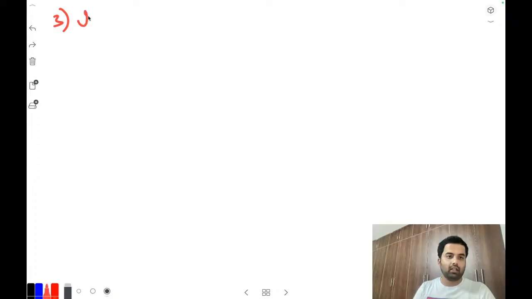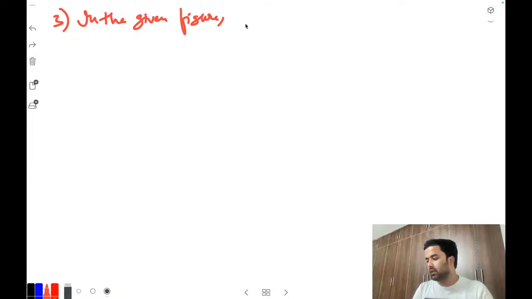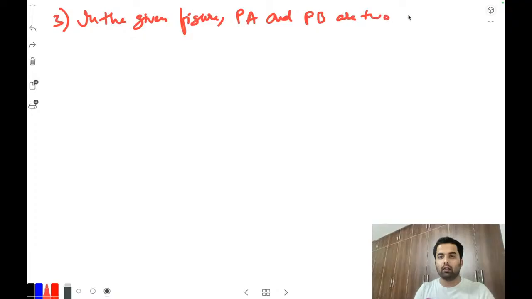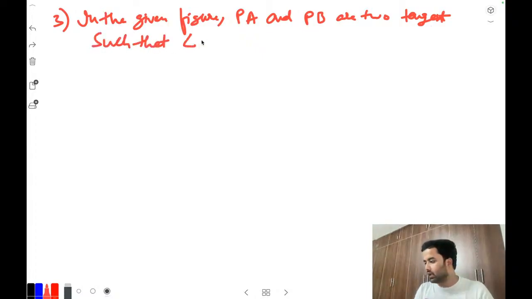Okay, next one. In the given figure, PA and PB are two tangents such that angle APB is equal to 50 degrees.